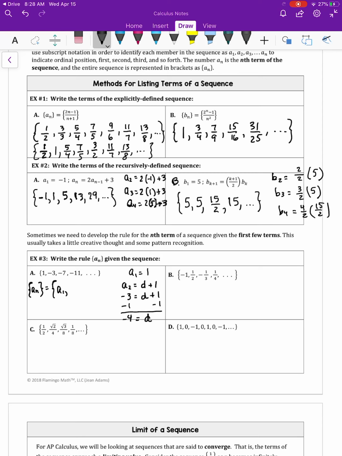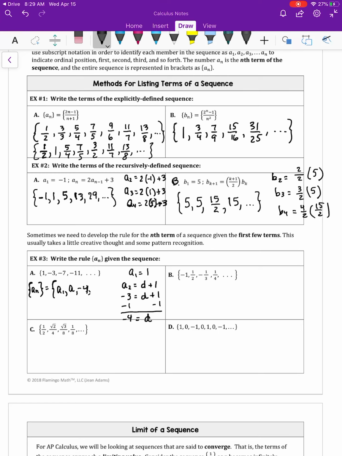So a sub n. And you're like, okay, well, I've got my a sub 1. Then I've got my a sub 1 plus 4. Maybe I should have said -4. I should have said plus -4 or -4. Sorry about that. So a sub 1 minus 4.